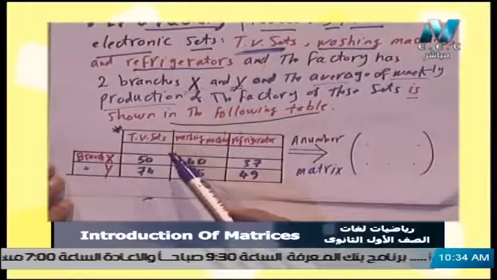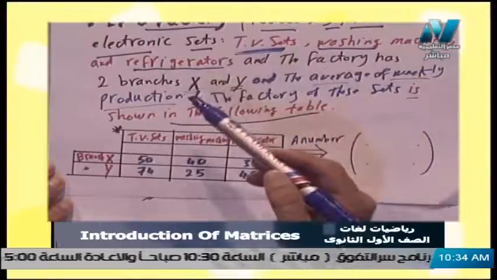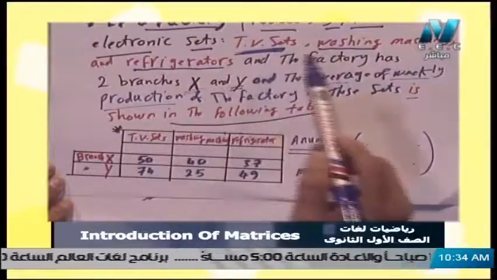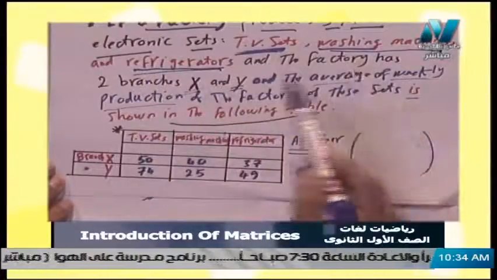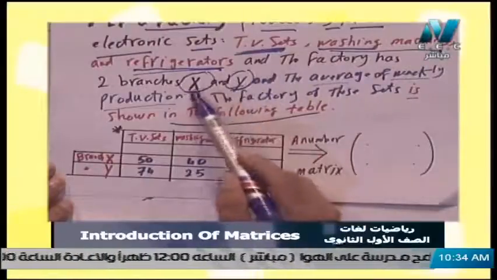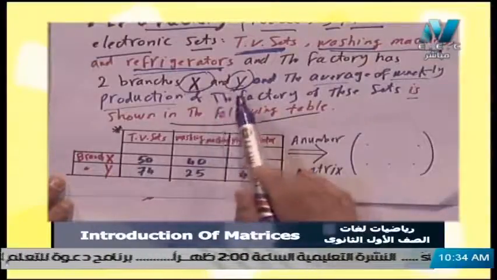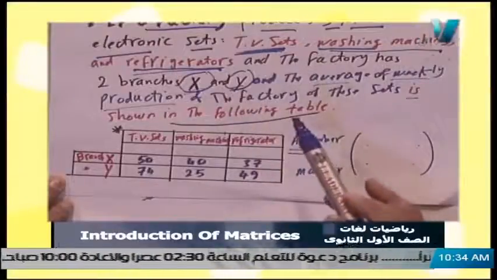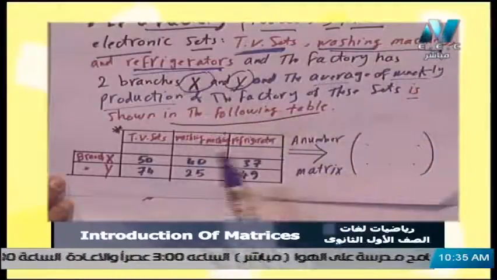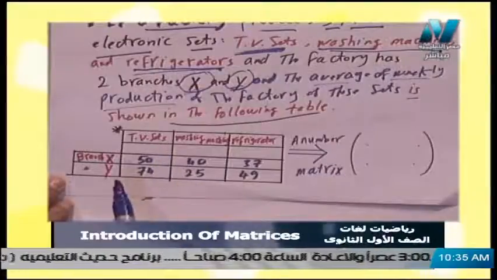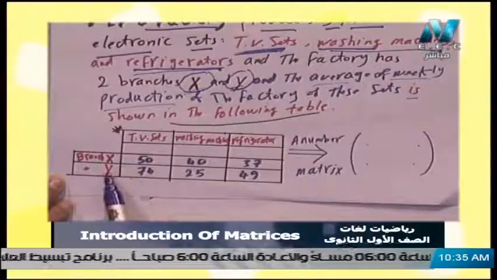We have a table about a factory. This factory produces three types of electronic sets: first, TV sets; second, washing machine sets; and refrigerator sets. The factory has two branches called X and Y. For TV sets, the production of branch X is 50 and branch Y is 74.